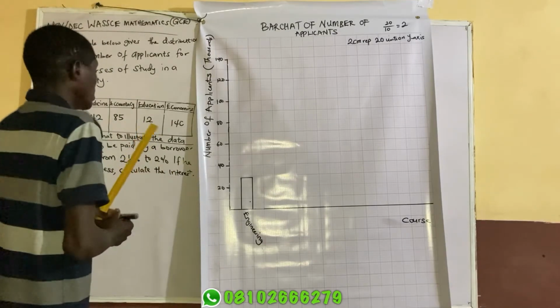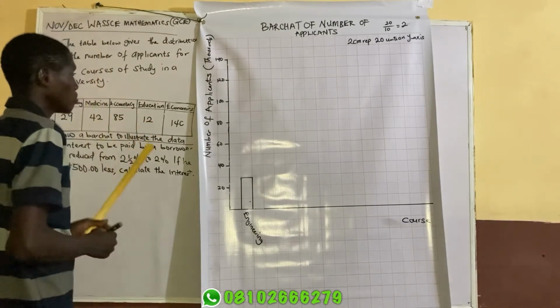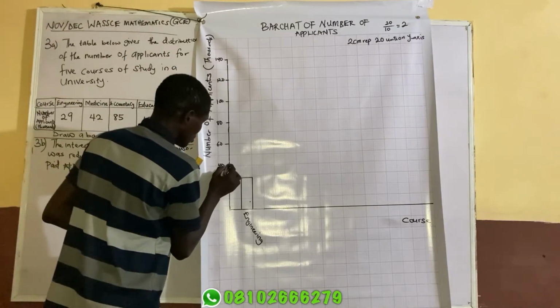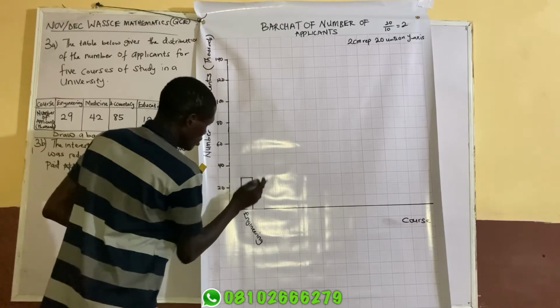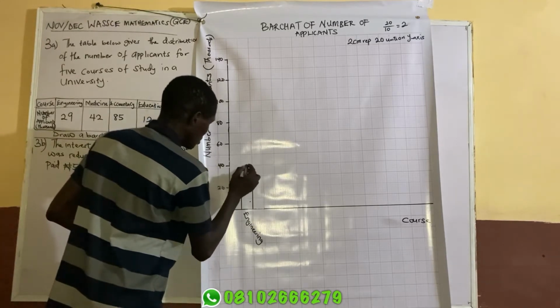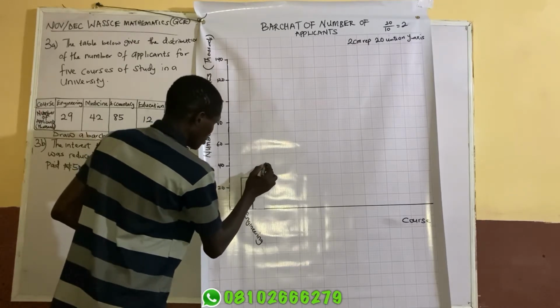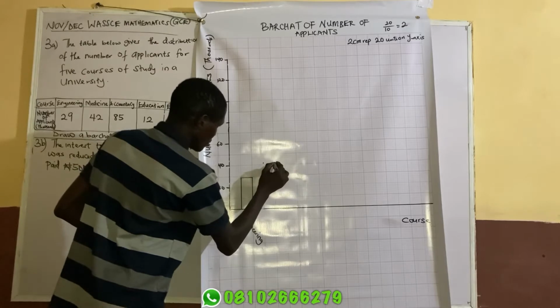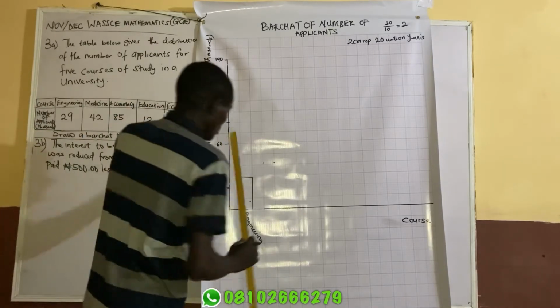Now the next one is for Mexico, which is 42. Remember, this is your 40, so 42 will be around this place. You leave one empty space, then you move. This is my empty space, and I have my next rectangular bar here, which is 42.